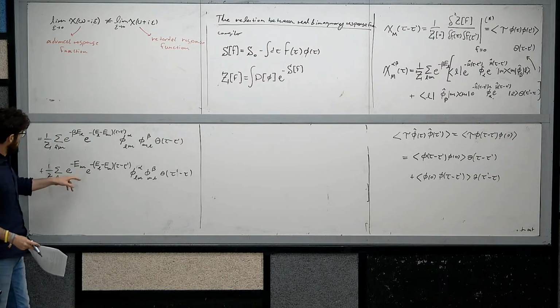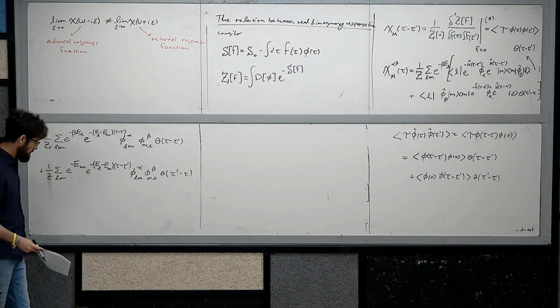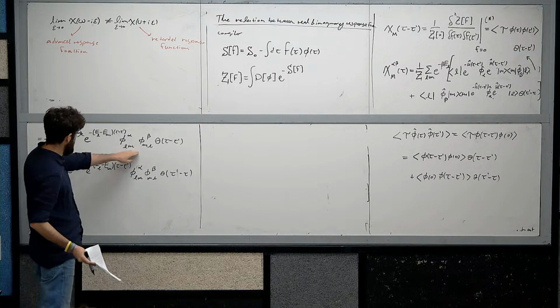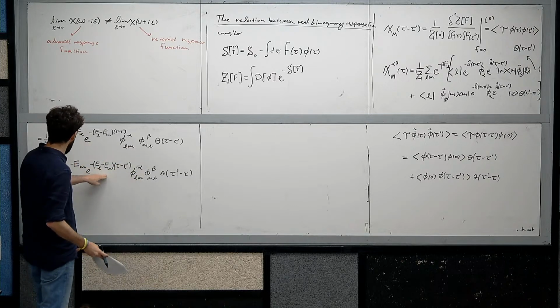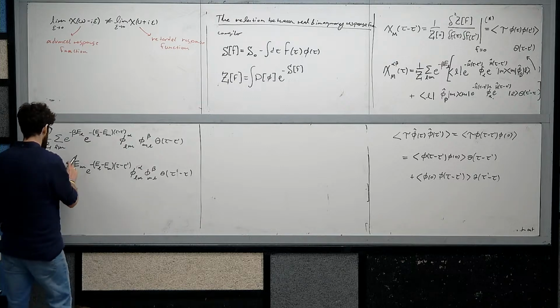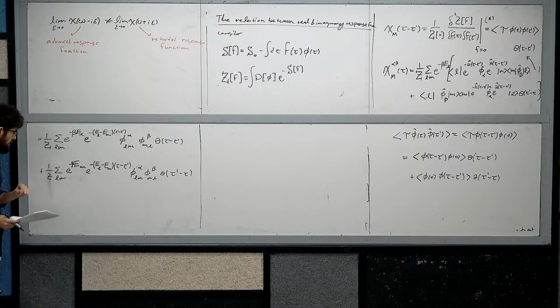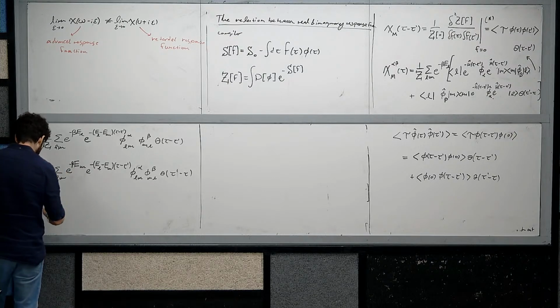I didn't cheat, but I switched the roles of L and M such that this looks exactly like this. And I've made beta equal to 1 in this term.